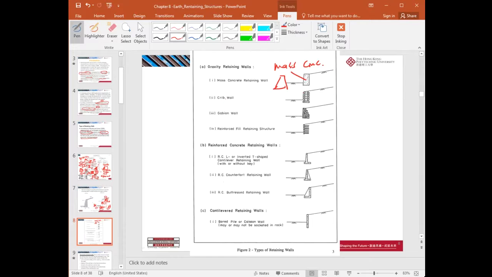And that's the prep wall, made of precast concrete elements. By stacking and interlocking the individual precast concrete elements, you put up a frame, and then inside the frame you put backfill with soil.